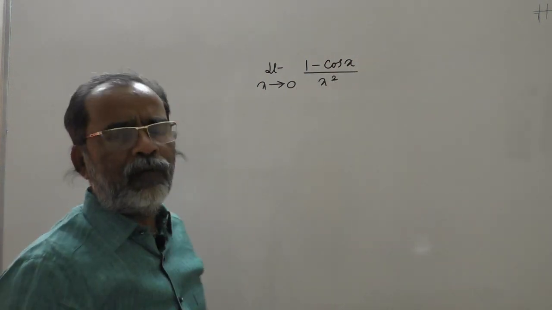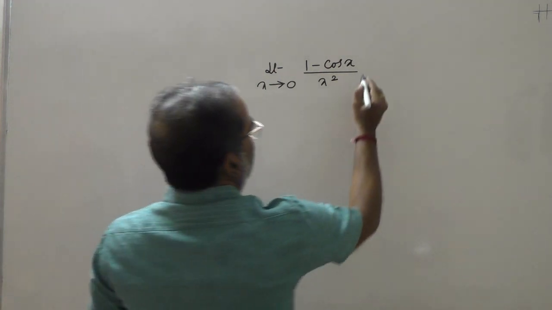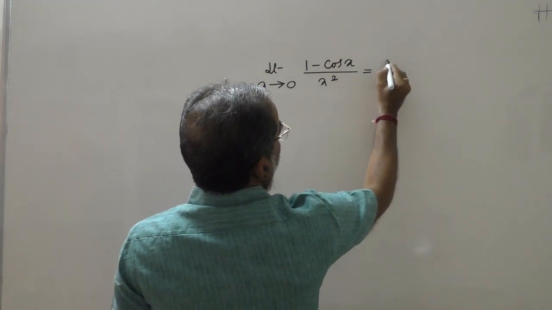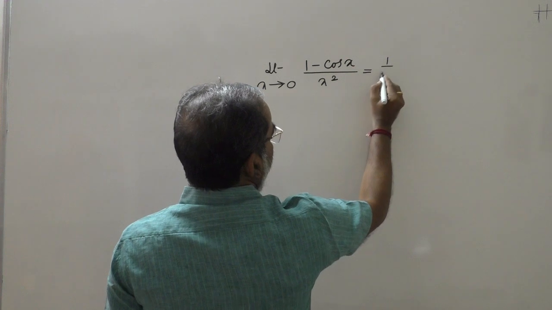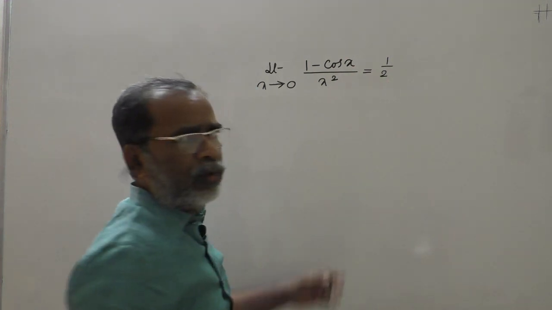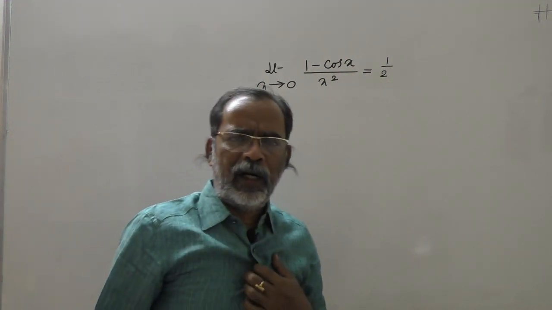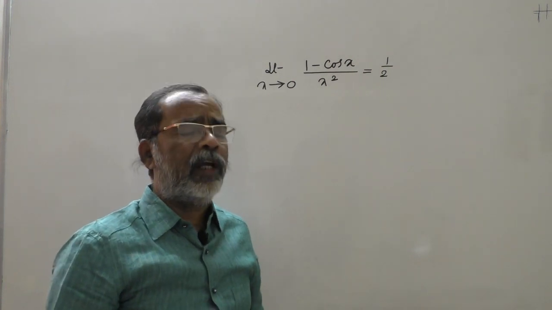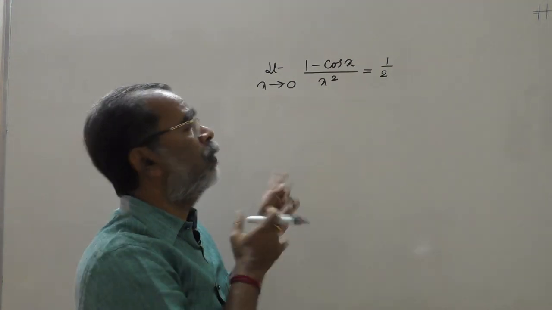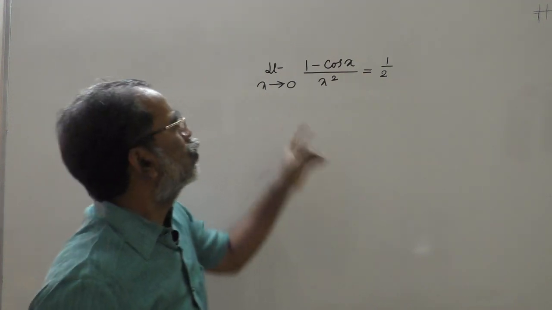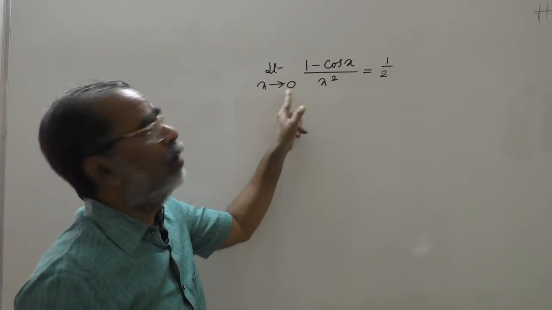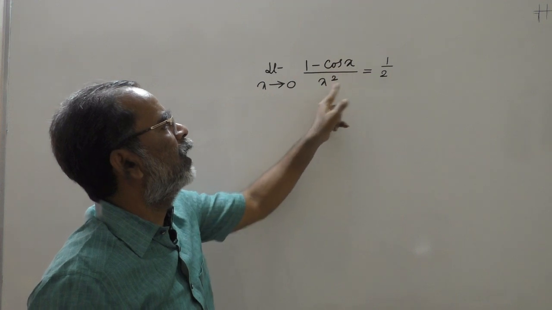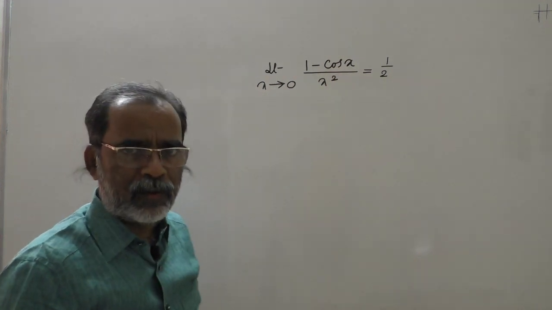Its limit value is 1 by 2. This is not a standard limit, but I will take this as a formula because I observed that it comes very often. So limit x tends to 0, (1 minus cos x) by x square is 1 by 2.